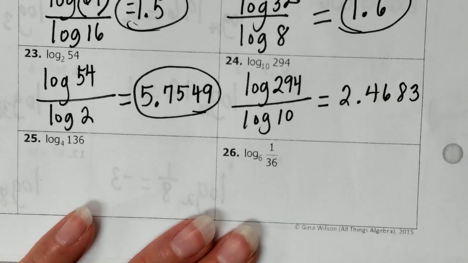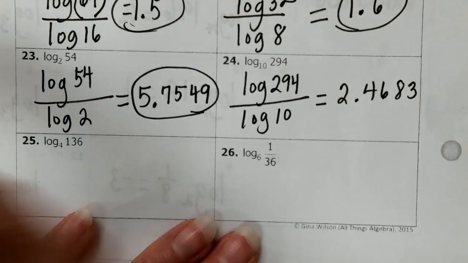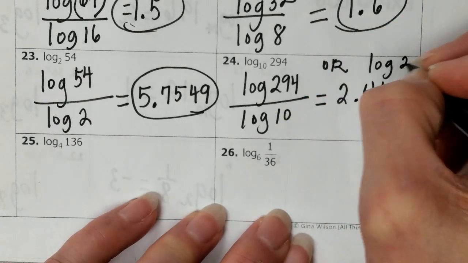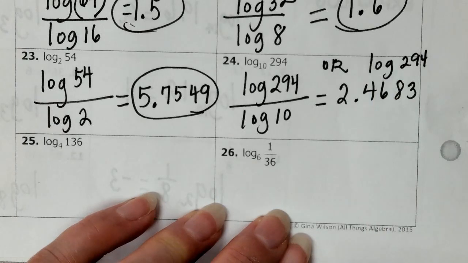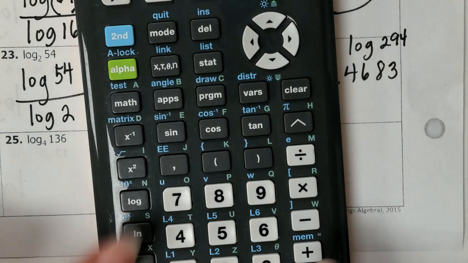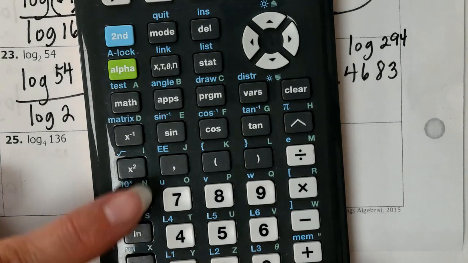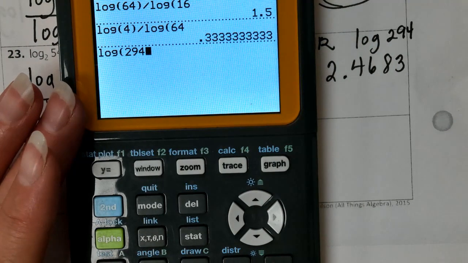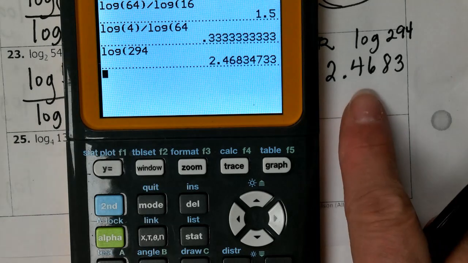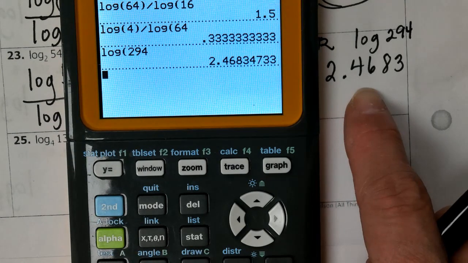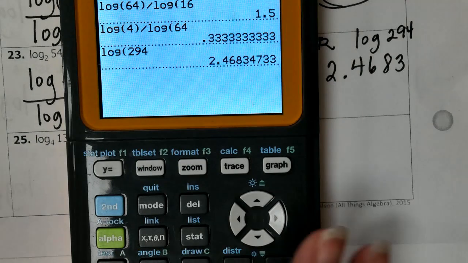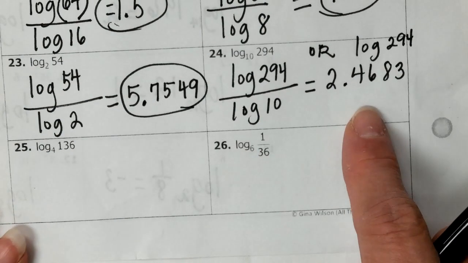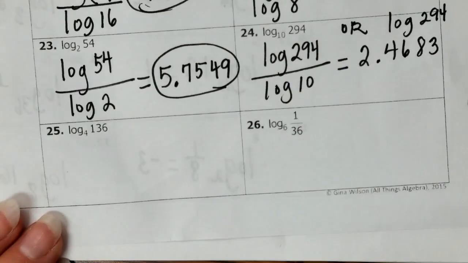But since it is a common log, couldn't we have just said log 294? Isn't this button the base 10 button? So log 294 and press enter. Isn't that the same answer? Oh, that one you could have done a shortcut, because with base 10 you didn't really have to do the change of base formula.